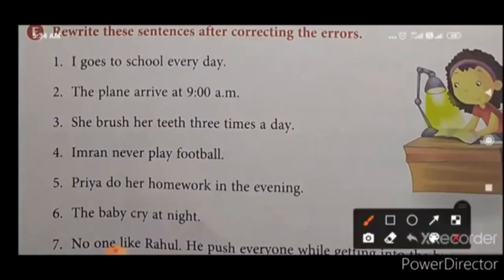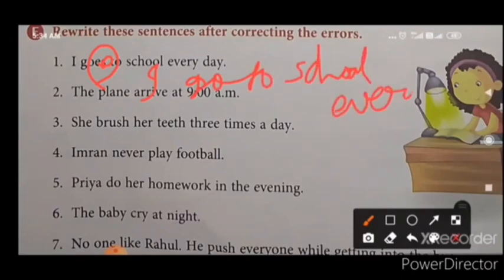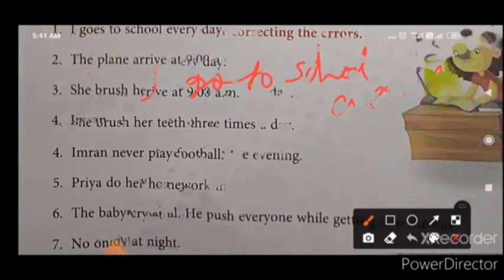If he, she, it and singular nouns come, you have to add es with the verb. But here, I alone comes, so you don't want to add es to go. Remove es. Just write I go to school every day. The answer is I go to school every day. You write the answer. If I comes, it means we.